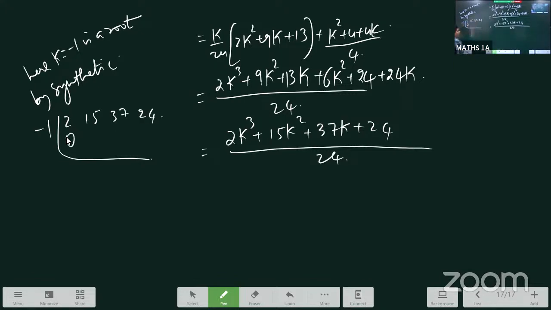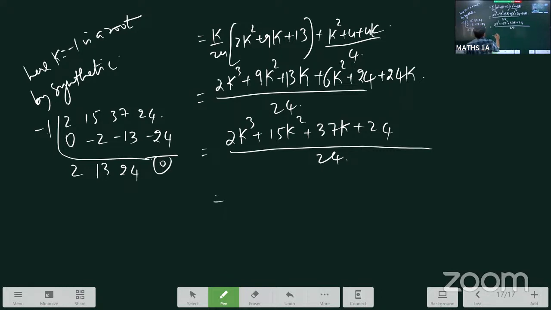You put 0 here. 2 plus 0 is 2. −1 into 2 is −2. Here what I get is 13. That is −13. What I get is 24. −1 into 24 is −24. What I'm getting is 0, no?